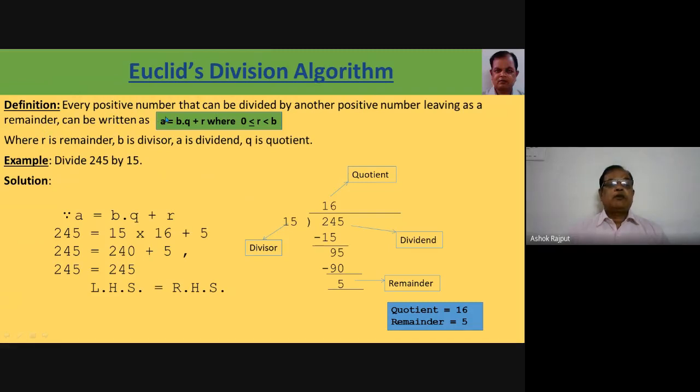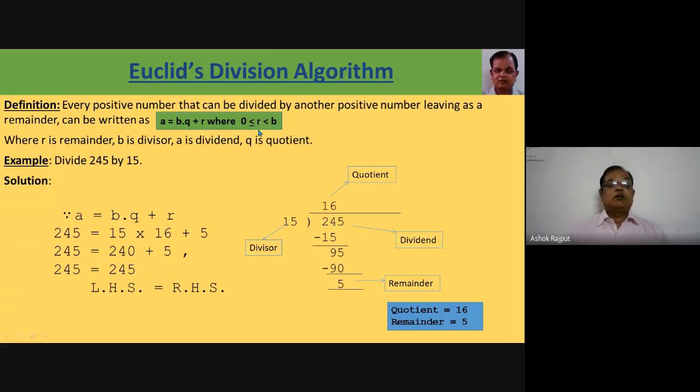Definition: every positive number that can be divided by another positive number, leaving a remainder, can be written as A equal to BQ plus R, where R is smaller than the divisor and greater than or equal to 0.